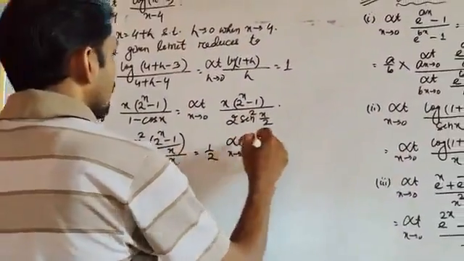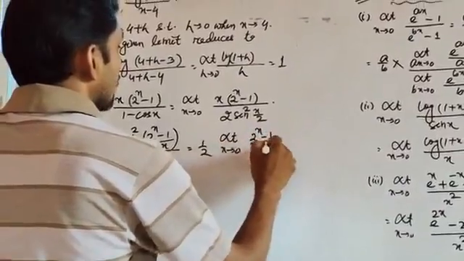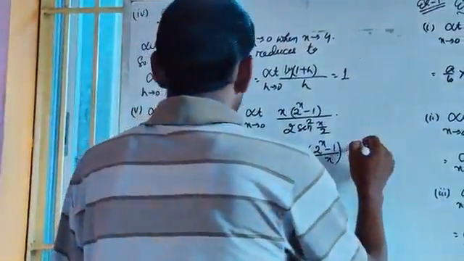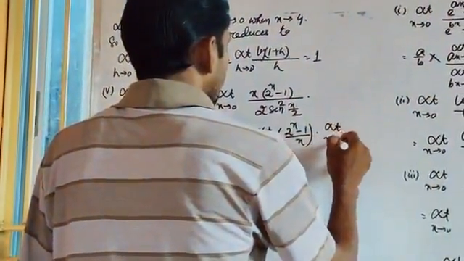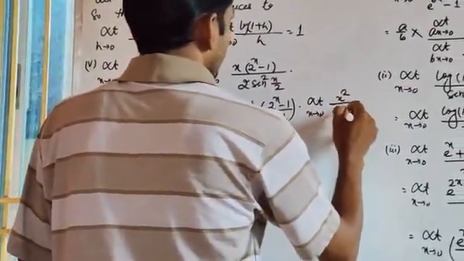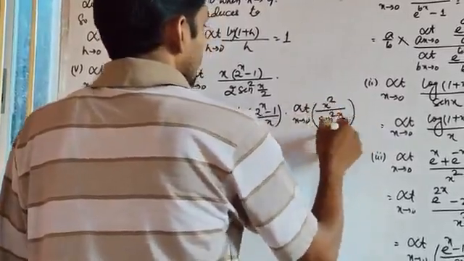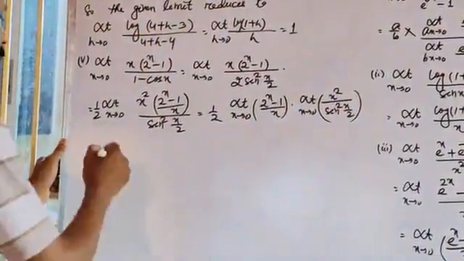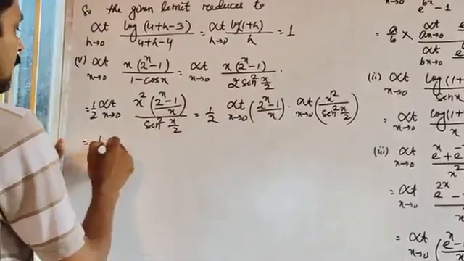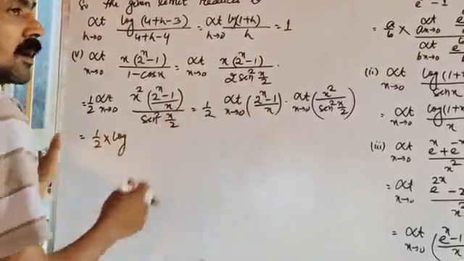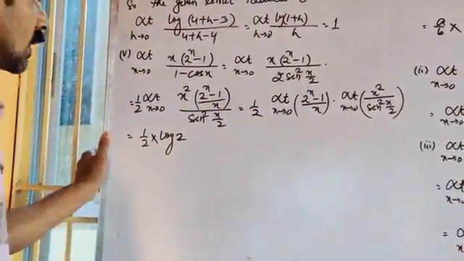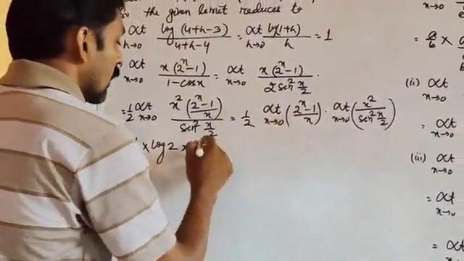Okay, x tends to 0. 2 to the power x minus 1 by x, this is 1, into again limit x tends to 0, it is x square by sin square x by 2. This is 1 by 2. Now a to the power x minus 1 by x, this is what? Log a. Here a is 2, means log 2. Half log 2.